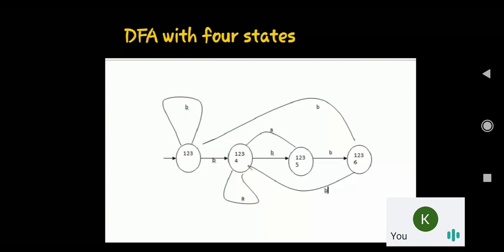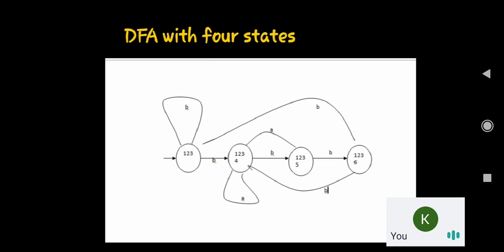So this particular state 1 2 3 is going to receive the input small b, and the output it is going to send is small a. It is receiving the input from 1 2 3 itself, from 1 2 3 to 1 2 3, small b, and then it is receiving one more small b from 1 2 3 6 to 1 2 3. Okay.